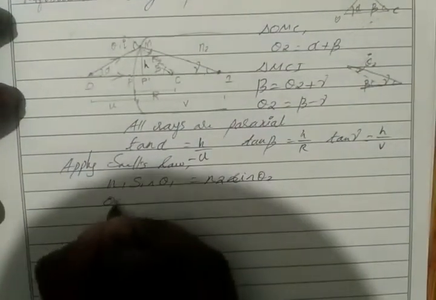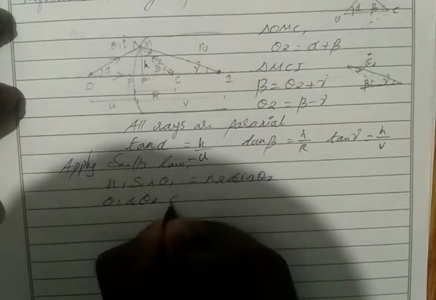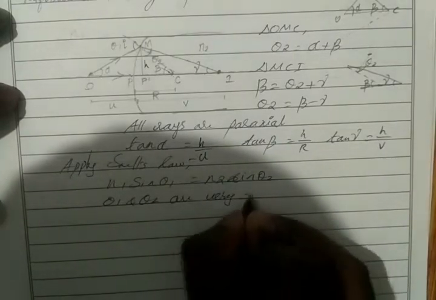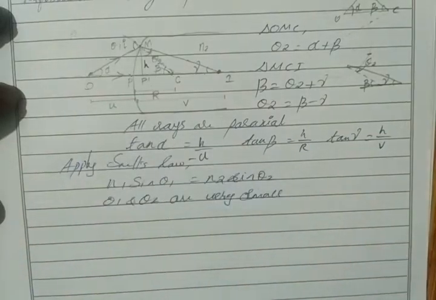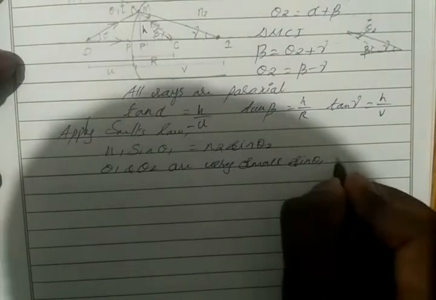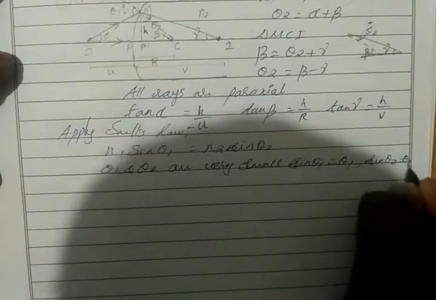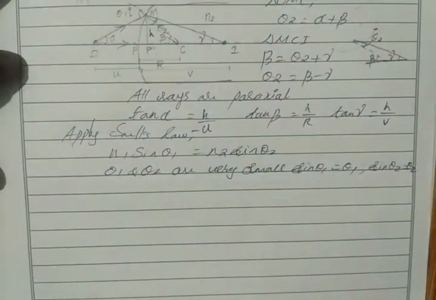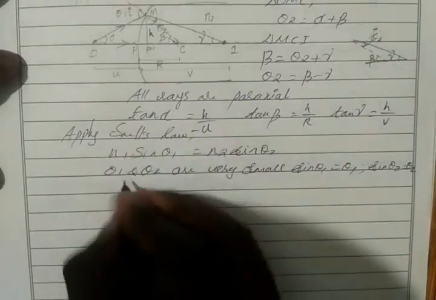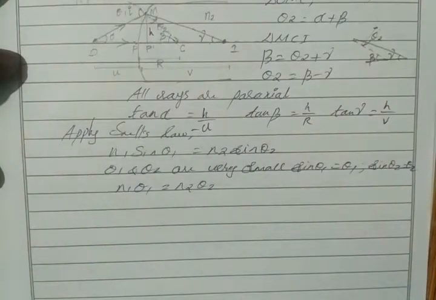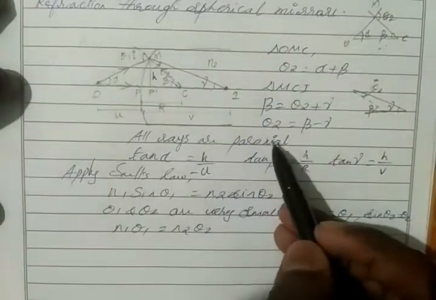Here theta 1 and theta 2 are very small. So for sine theta 1, we take theta 1, and similarly for sine theta 2, we take theta 2 because it is very small. So substitute these values here: n1 times theta 1, and n2 times theta 2.